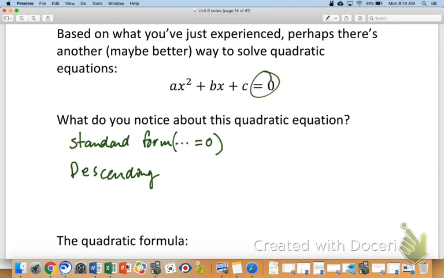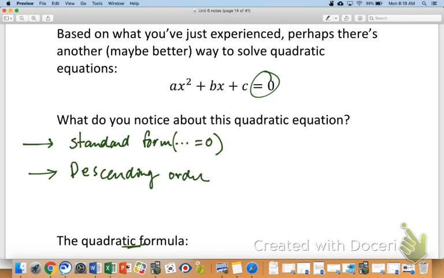If you plug in the wrong things, you're going to fail. So in order to use the quadratic formula, your quadratic has to be in standard form and in descending order. You've got to have everything on one side of the equation equals 0, and all that stuff on the left side has to be in descending order of degree. So 2, 1, 0. That make sense?